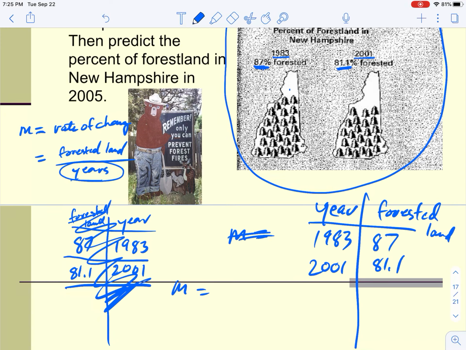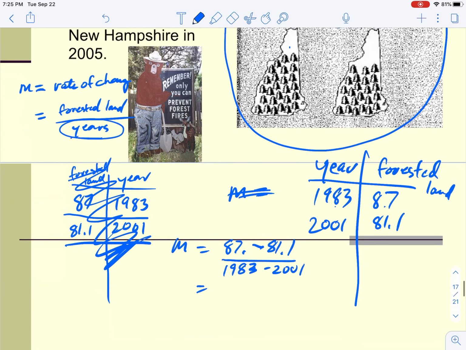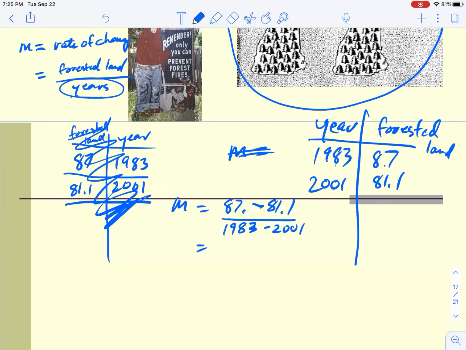So our slope is, we're going to take 87.0 minus 81.1. That's all over, I started with 87, so I'm going to go to 1983 minus 2001. So what I end up with is a positive 5.9 on the top and a negative 18 on the bottom.